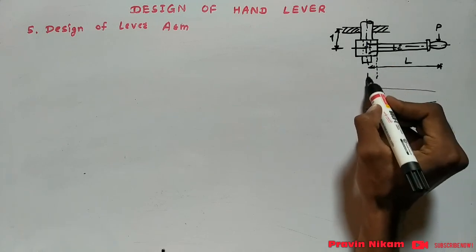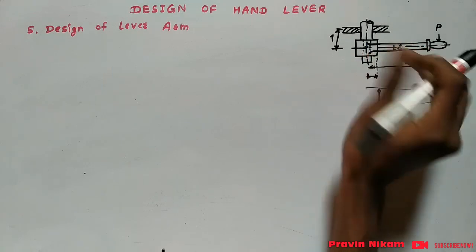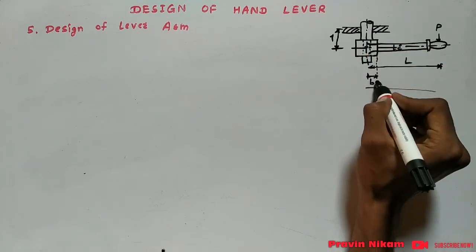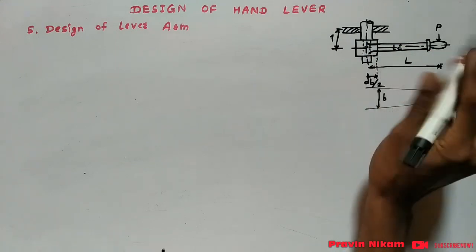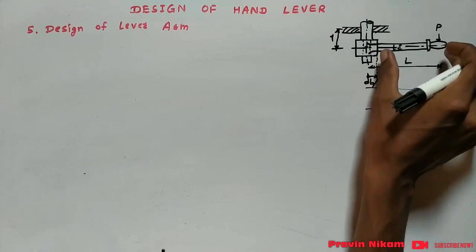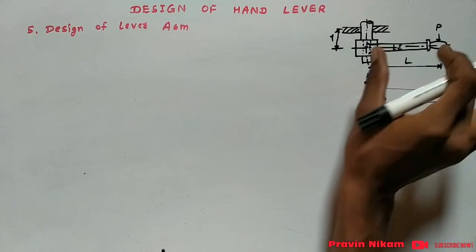So here the total is diameter of boss, half is dB by 2, and this total is L. So the length of lever arm is L minus dB by 2.